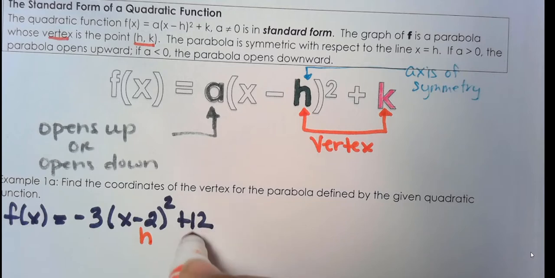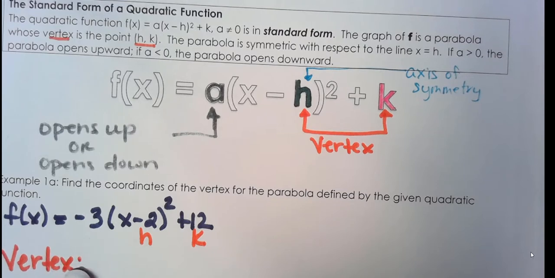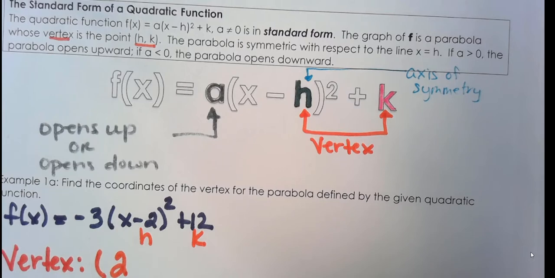We have h and we have k. So since we're going to write our vertex as an ordered pair, we're going to take the opposite of our h that's inside the parentheses. So we have -2, our h is going to be +2.